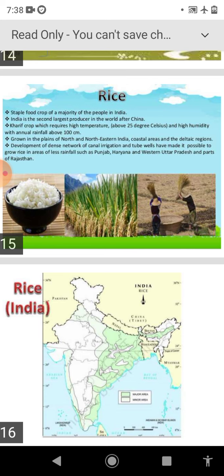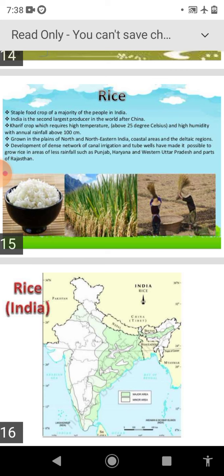Temperature requirement for the cultivation of rice is about 16 degrees Celsius to 20 degrees Celsius during the early growing season, and at the time of ripening, the temperature requirement is between 18 degrees Celsius and 32 degrees Celsius.